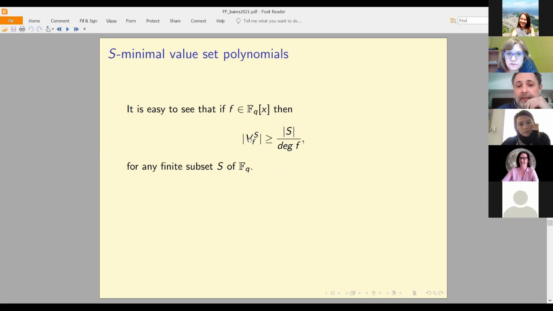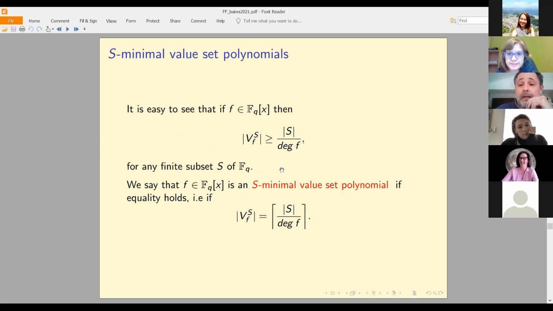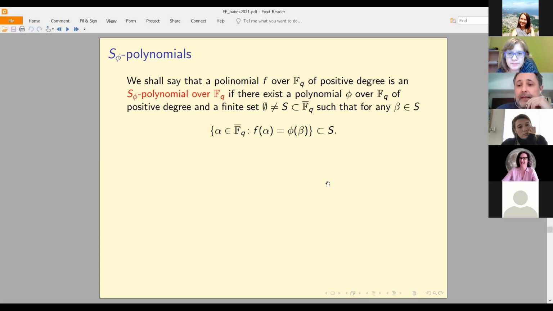You can prove that the S-value set is always at least the cardinality of S divided by the degree of f, for any finite subset S of F_q. So when you reach equality, you call f an S-minimal value set polynomial. So it's a small generalization of the value set definition. The thing is that the condition asked by Garcia, Stichtenoth, and Thomas can be described in a more general situation like this.